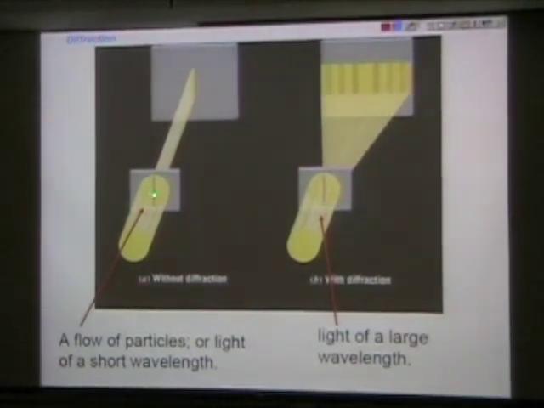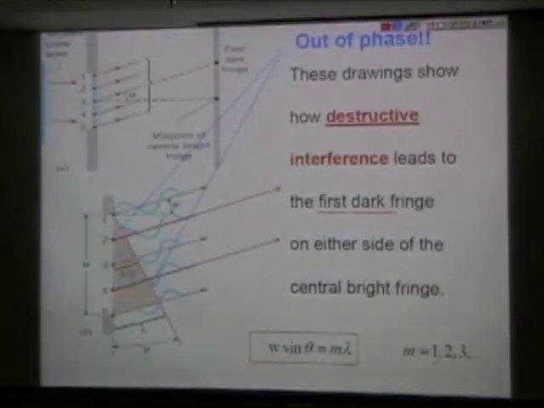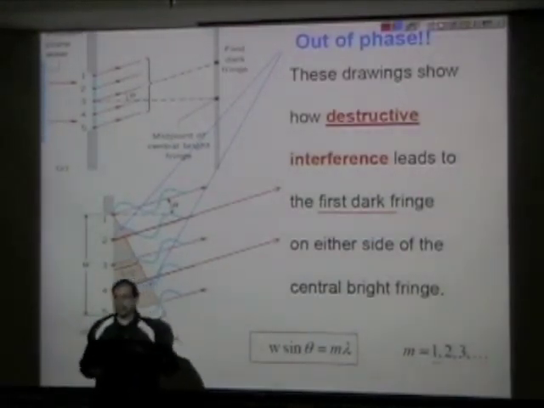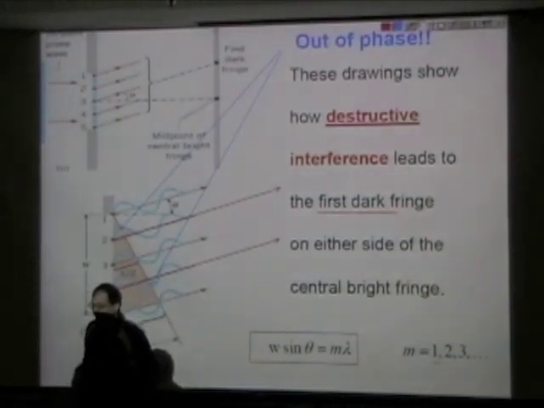When it's really wide, that means the wavelength is really small relative to the width. When it's really narrow, in that case, an interference pattern is formed on the screen. How? This is how.